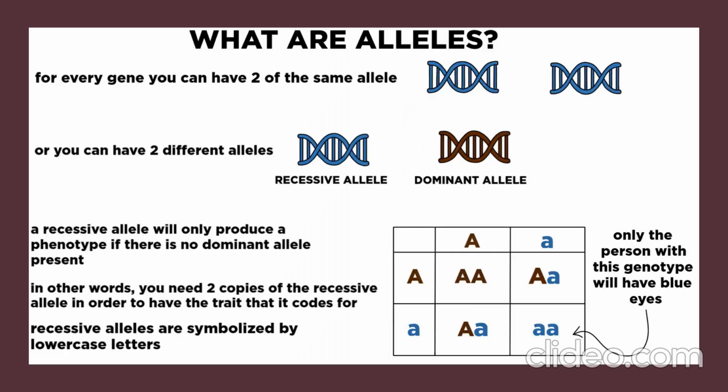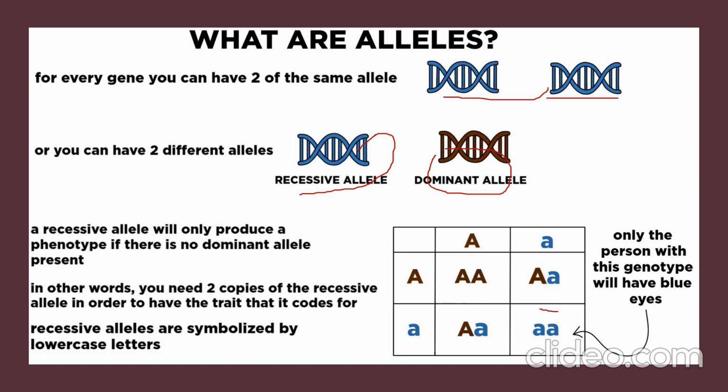What are alleles? Now, for every gene, you can have two of the same allele. Example, itong blue, this would represent the allele for blue eyes. Or you can have two different alleles. One recessive allele na blue for blue eyes, and then one dominant allele for brown eyes. A recessive allele will only produce a phenotype if there is no dominant allele present.